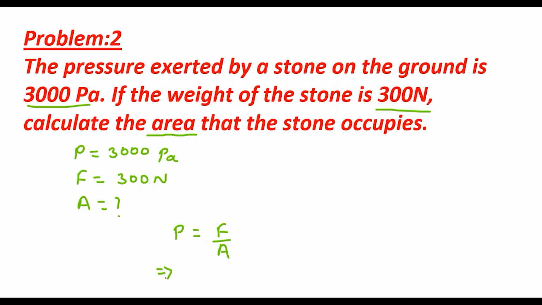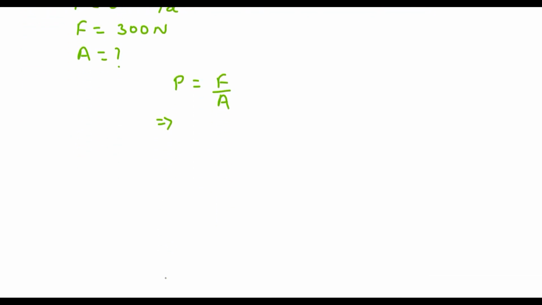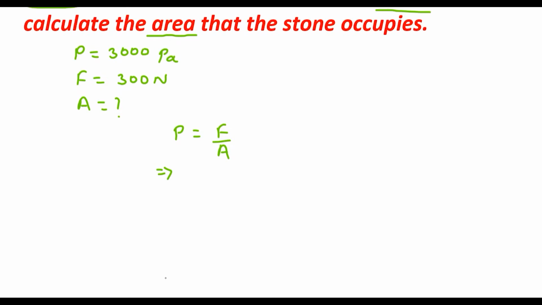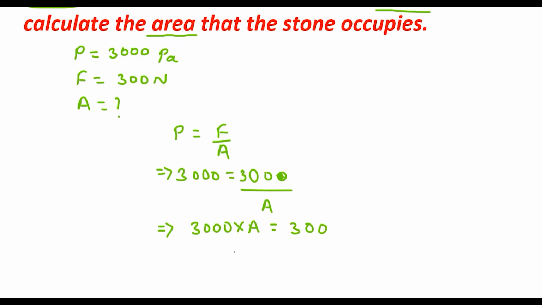Here pressure is given 3000. Force is given 300, and area, we have to find the area. So just by doing cross multiplication we get area.